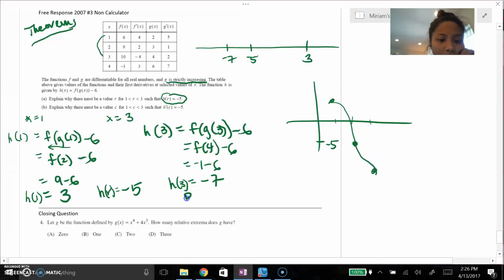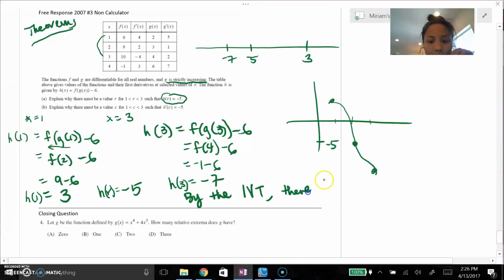Okay, so you're going to say by one of the theorems, so it's either the extreme value theorem, mean value theorem, or intermediate value theorem. This one is the intermediate value theorem.